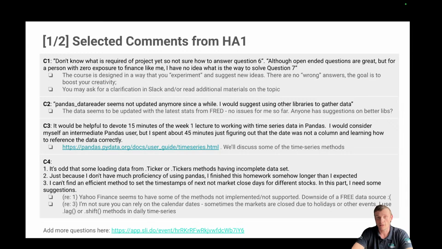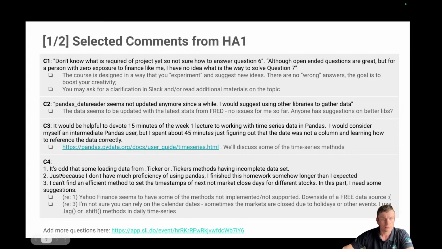I don't see big problems with this library, but if you have a better solution, let us know. It would be helpful to devote 15 minutes of the week 1 lecture to working with the time series data in Pandas. So I added a link here, and there are slides today about time series methods.